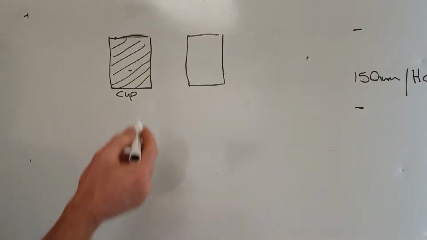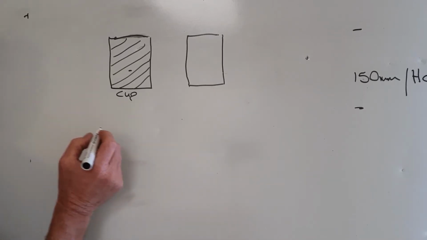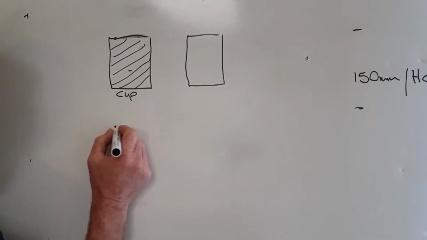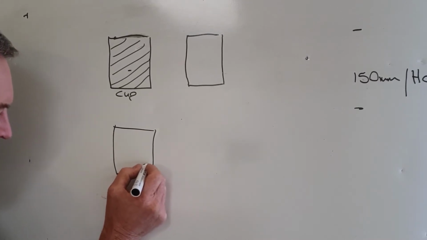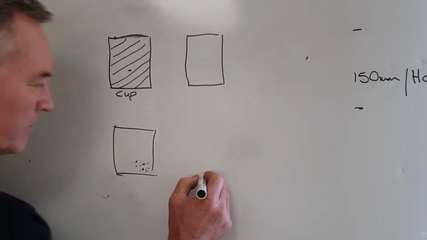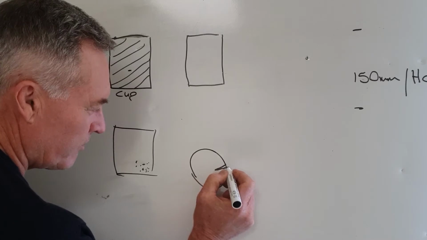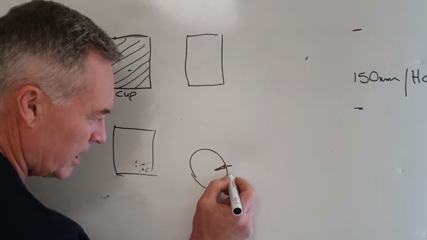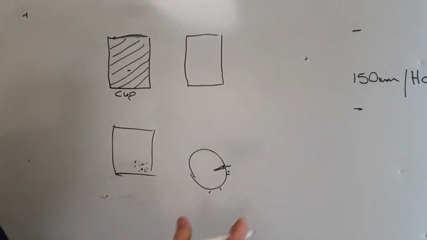Okay, so let's have a look at it. Say we get a really heavy clay soil, and if you imagine inside that cup, the heavy clay particles, there's millions of them, and they've got lots and lots of negatively charged sites. A clay particle might have gaps in it, and there might be negative charges around the outside, and because there's so much density, there are so many negatively charged sites.